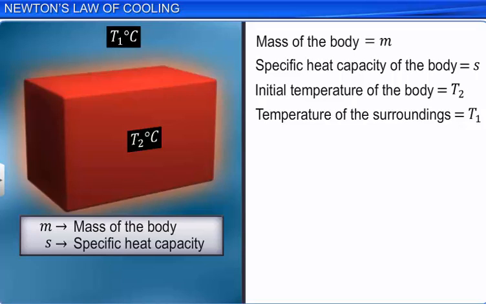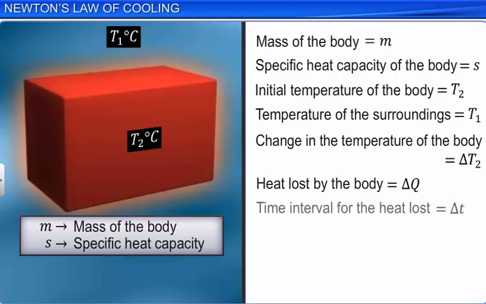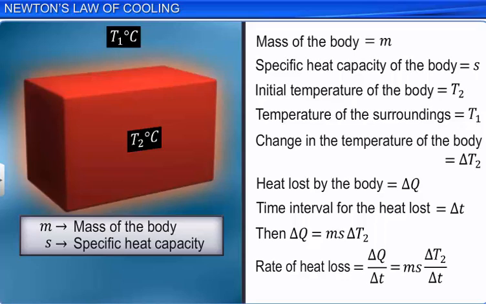If the temperature of the body is changed by delta T2, because of a small loss of heat delta Q, in a small interval of time delta t, then delta Q can be expressed as a product of m, S and delta T2. Then, the rate of heat loss is equal to delta Q by delta t equals m S delta T2 by delta t. Let this be equation 2.